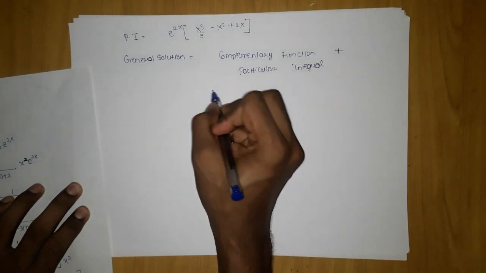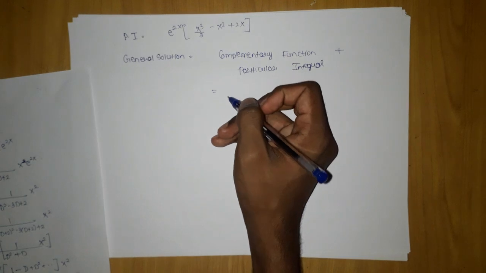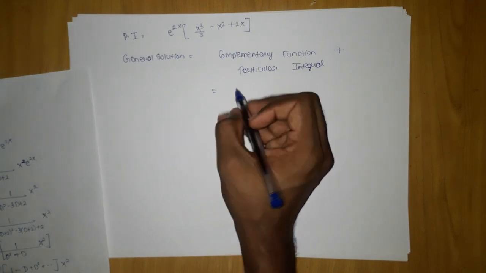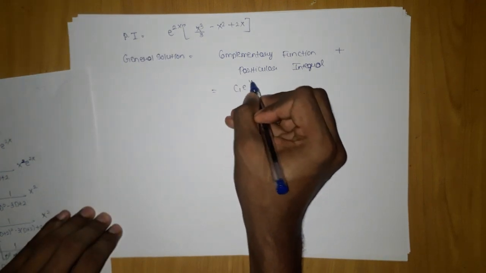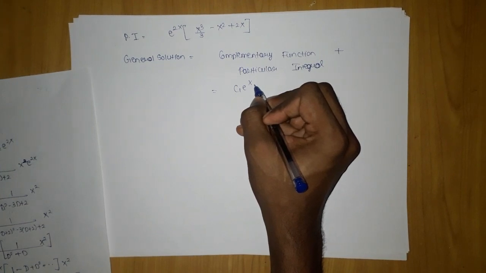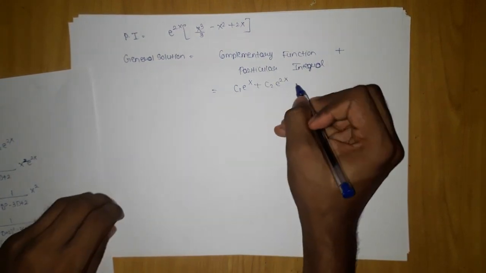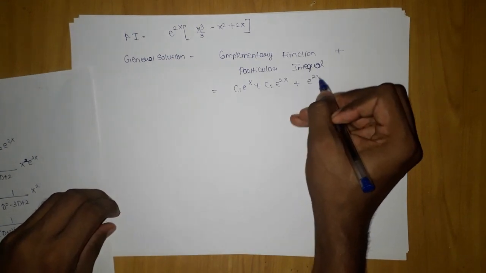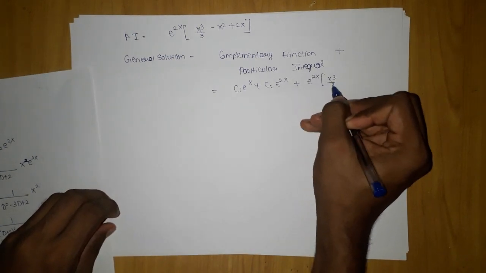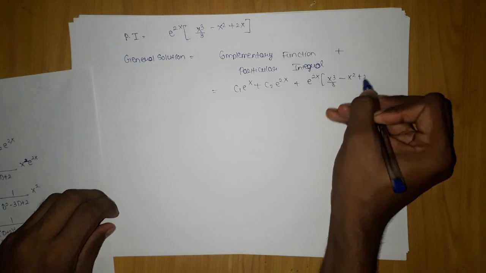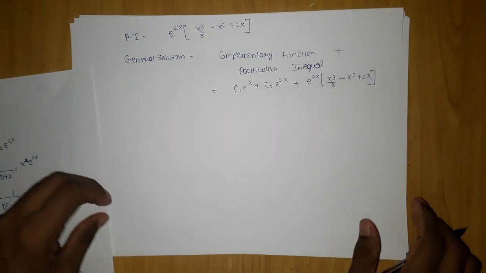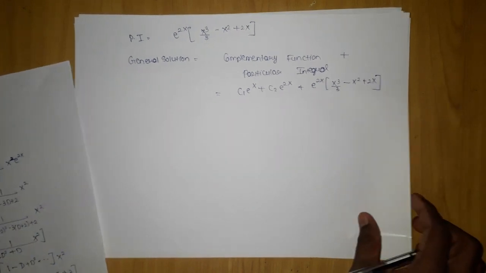So if we write this, finally we are going to get our final answer as c1 e to the power x plus c2 e to the power 2x plus e to the power 2x bracket x cube by 3 minus x square plus 2x. So this is our final answer. Hope you have understood each and everything. Now let's move on to the next question.